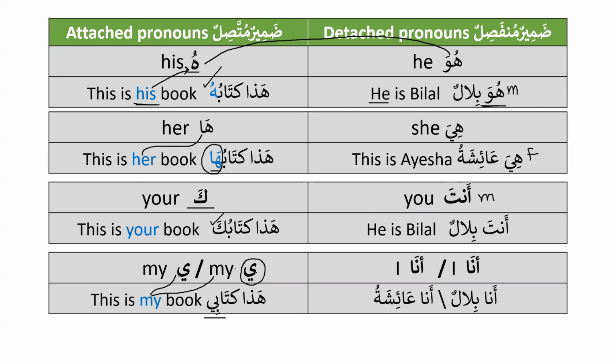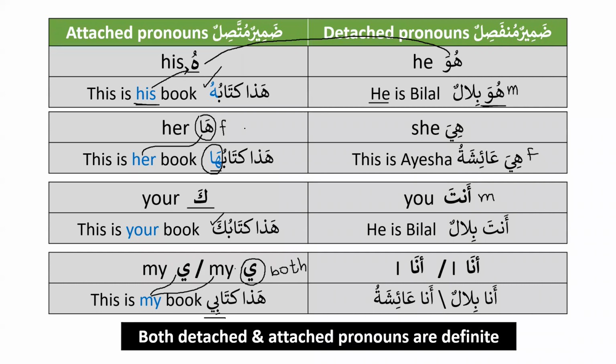So the four attached pronouns that we are going to learn in this lesson are hu, ha, ka, and i, or we can say ya. So hu, ha, ka, and ya. Ya is used for both, whereas hu and ka are used for the masculine, and ha is used for the feminine.